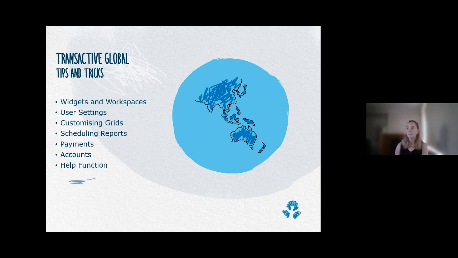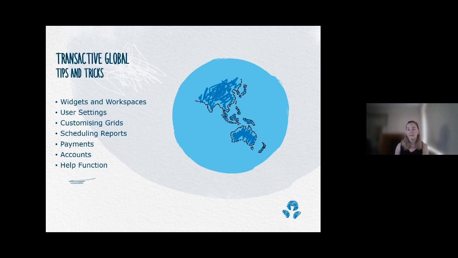And we will be running through some tips and tricks to help you use Transactive better. So I'll be taking you through how to set up widgets and workspaces, your user settings, customizing grids, scheduling reports to be emailed to you, some payment things like generating MT103 reports, sending beneficiary advices, and looking at the payment audit trail.